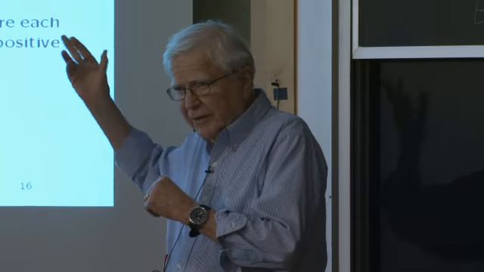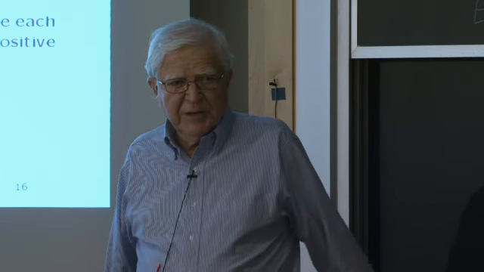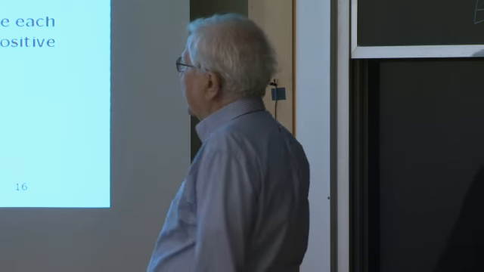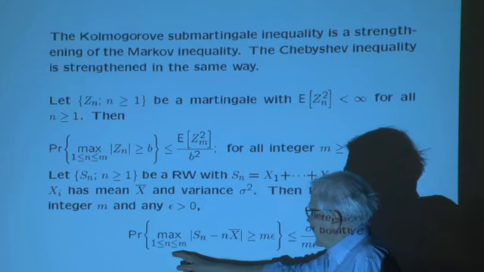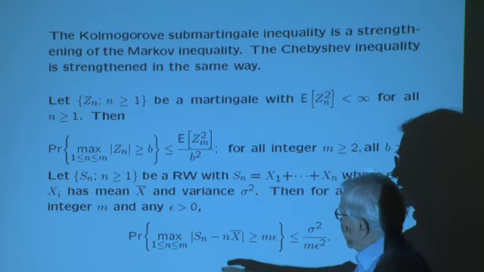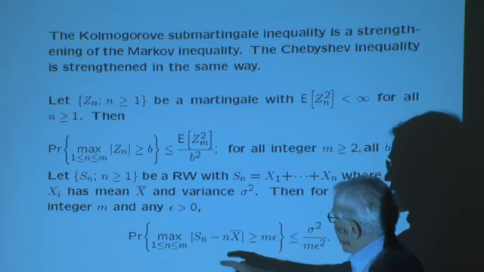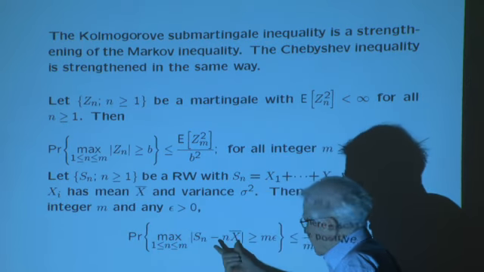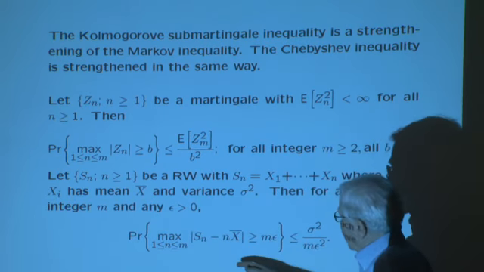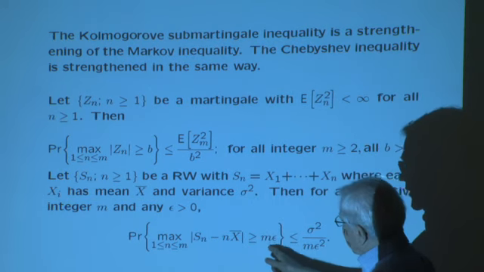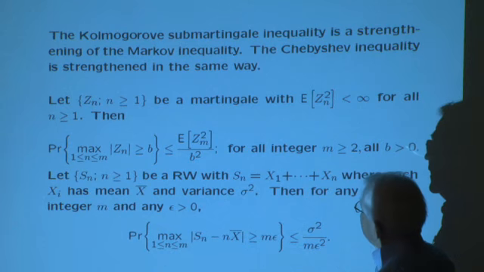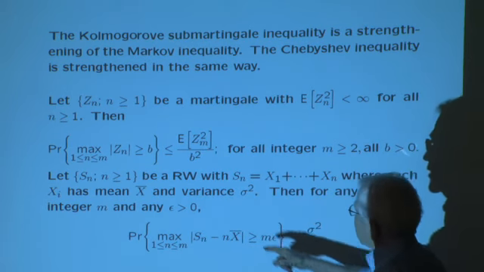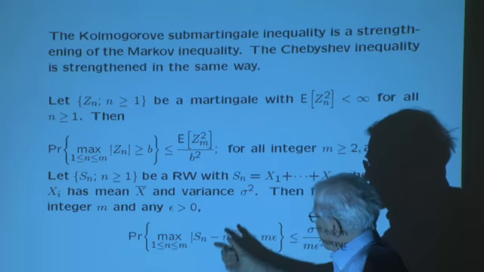So we're going to use that zero mean random walk as a martingale, and what this says is the probability of the maximum over 1 less than or equal to n less than or equal to m of S_n minus n X-bar, that's Z_n, because we're subtracting off the mean, being greater than or equal to, and we just give b another name, m times epsilon, is less than or equal to the expected value of Z_m squared.